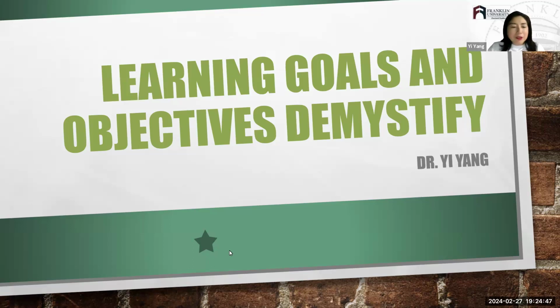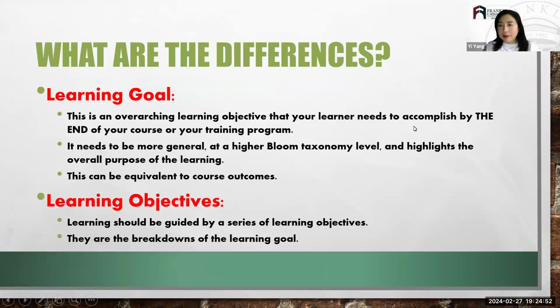Let me tell you what the difference is. So Caprisa, you got it backwards for learning goals and objectives. And Chris, you are somewhat right, but not 100% correct.